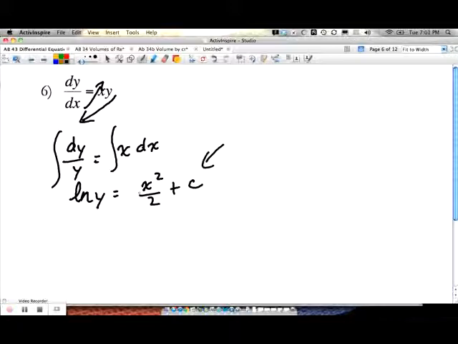Don't forget that plus c. Your constant of integration does matter. I'm going to raise both of these as a power with base e. On the left side, that kind of undoes itself, and we just have y. On the right side, because we have addition of power, this constant c is going to get pulled out front again. So it's c times e to the x squared over 2.